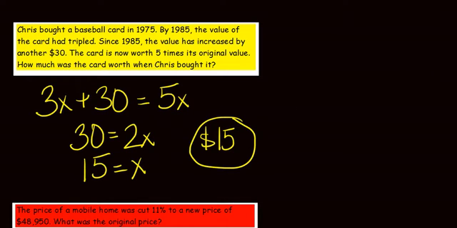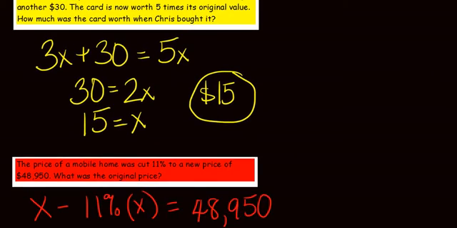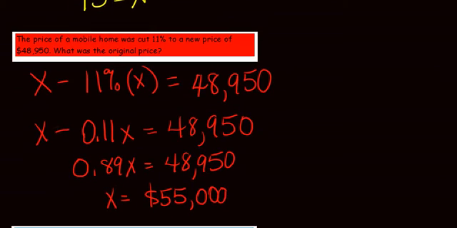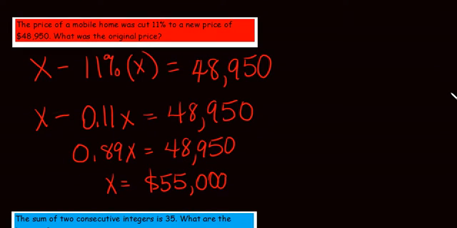All right, we're going to use one now that has to do with percentages. Sometimes this freaks us out a little bit, I think. Hopefully it won't after this. All right, the price of a mobile home was cut by 11% to a new price of $48,950. What was the original price? Well, I know that it was cut from the original price, right, by 11%.